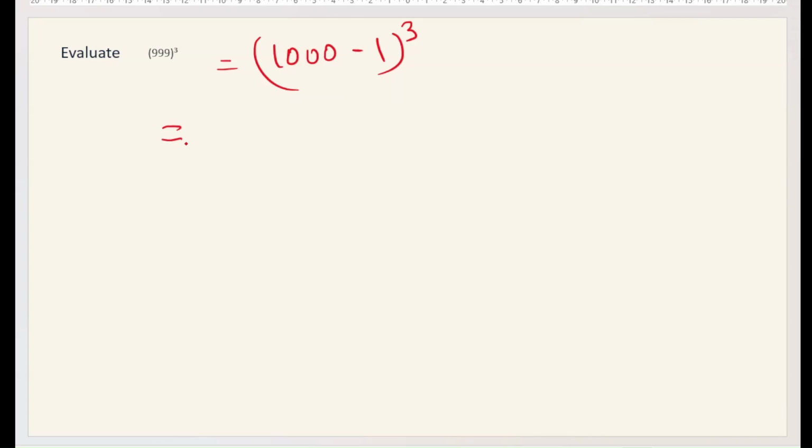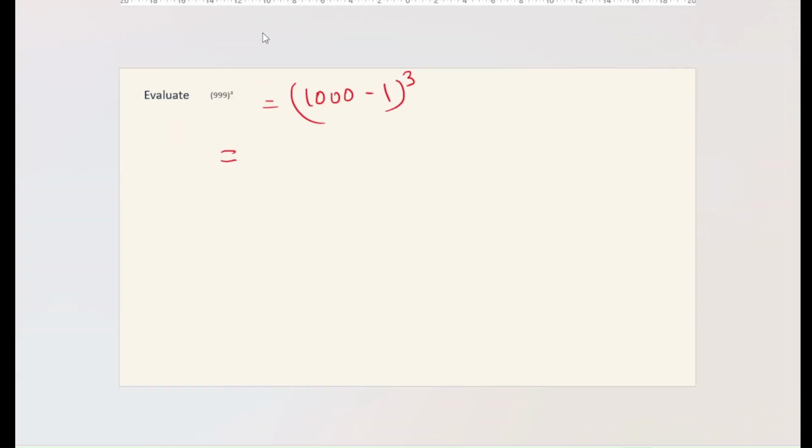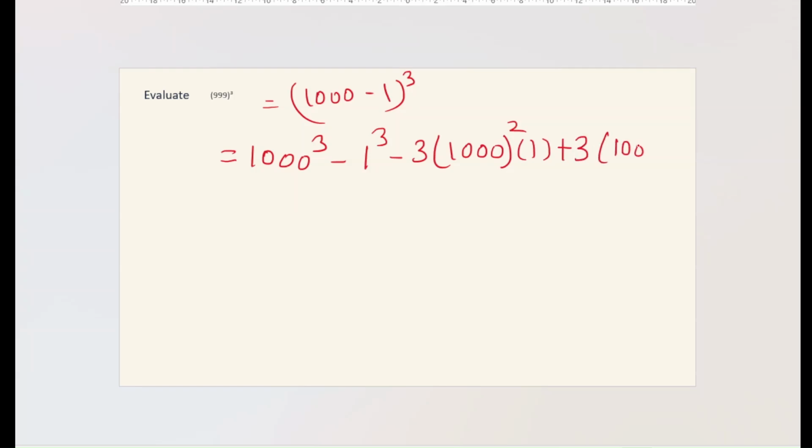So we will apply the identity of a minus b whole cube, that is equal to a cube, meaning 1000 cube, minus 1 cube, minus 3a square, meaning 1000 square into b, plus 3a into b square, meaning 1 square.